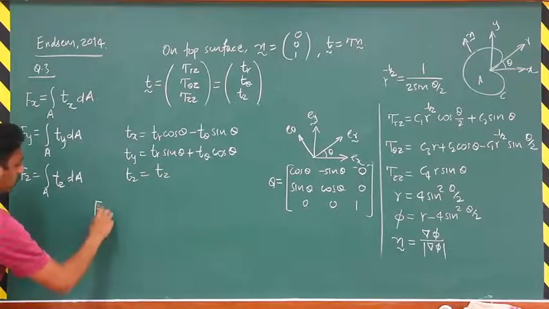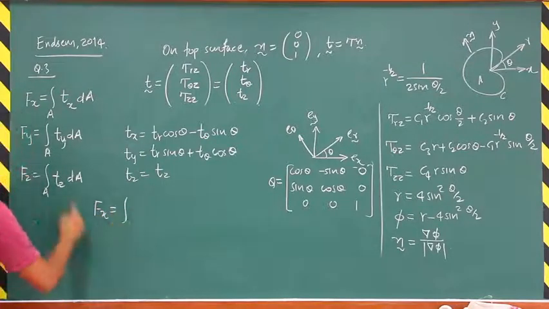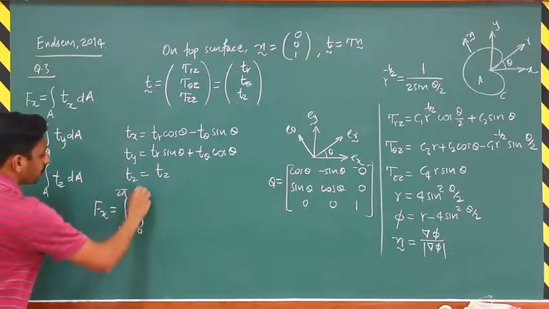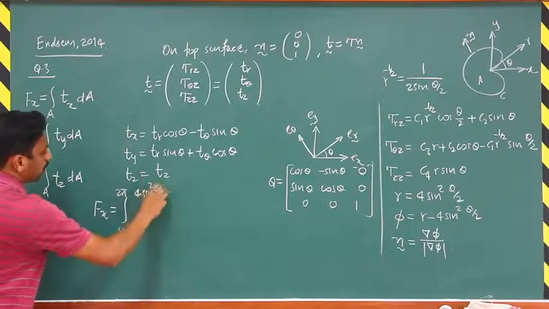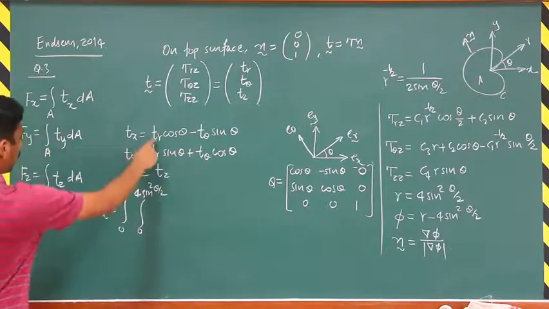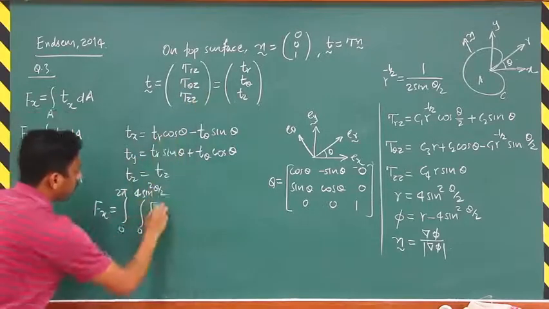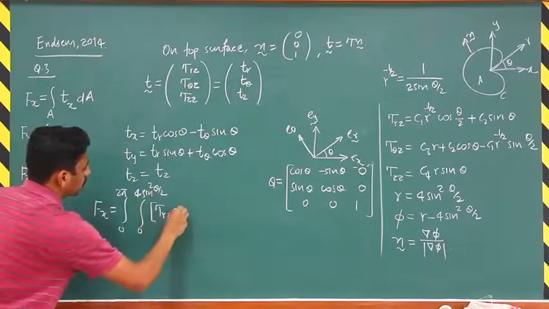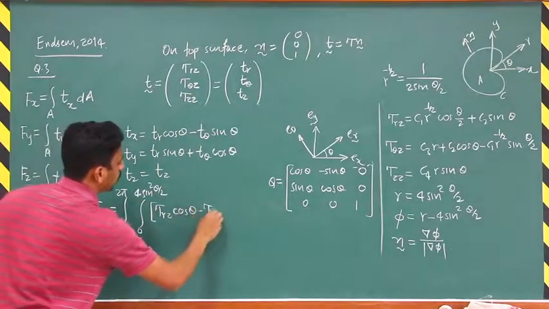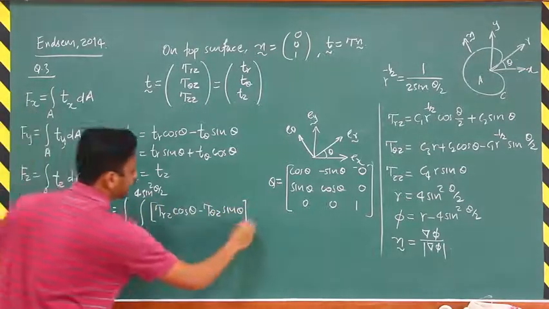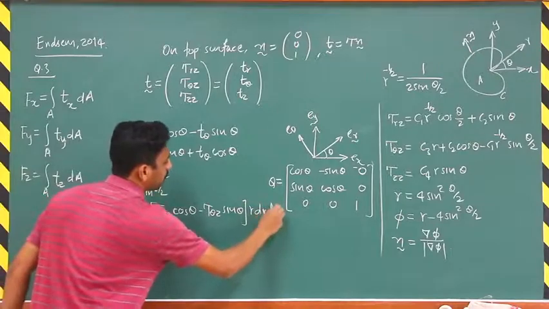So let's find this. Fx would be given again by the integration over the area, 0 to 2 pi, 0 to 4 sin square theta by 2. Now we have to make use of this particular relation for Tx. Tr is nothing but tau Rz cos theta minus tau theta z sin theta, and this area element is given by r dr d theta.